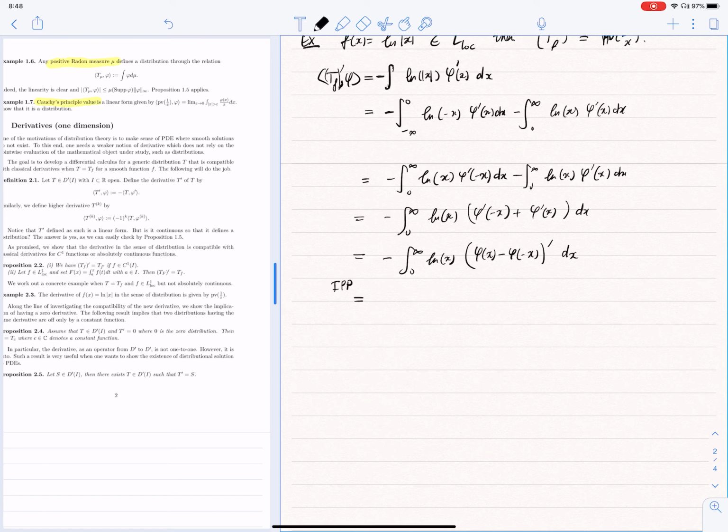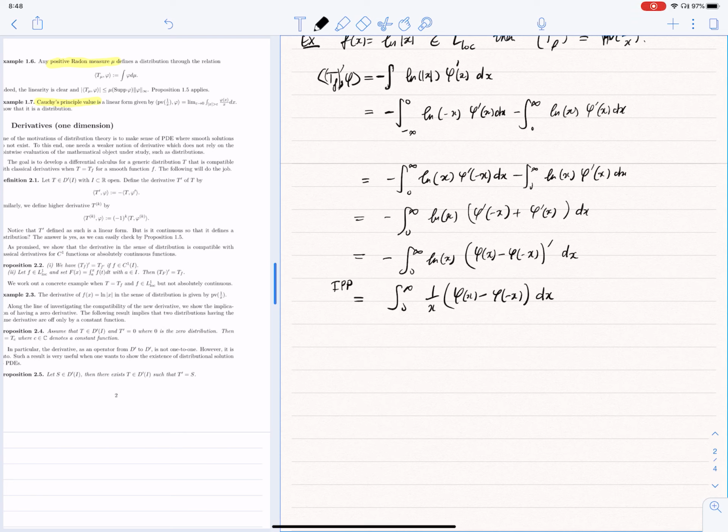The boundary value will be 0. And at infinity, because you have a function phi which is supported in a compact set, also 0. So it remains only the integral part, which is given by 0 to infinity, 1 over x this time, because it is a derivative of log x, times phi of x minus phi of negative x.